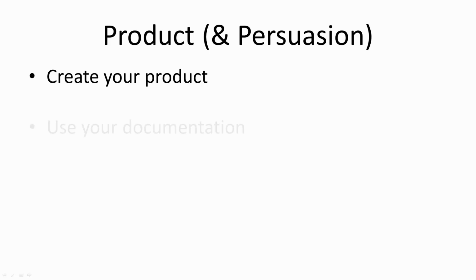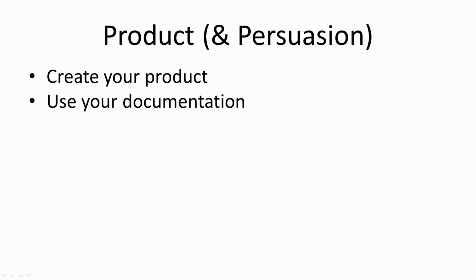And of course, we start then talking about the actual product. We are going to then create our product. That means getting our sales page together and making sure that our product is ready for sale. And when we do that, we're going to be using our documentation. So whatever it is that we did in terms of our product, that is really going to be the core part of our product.